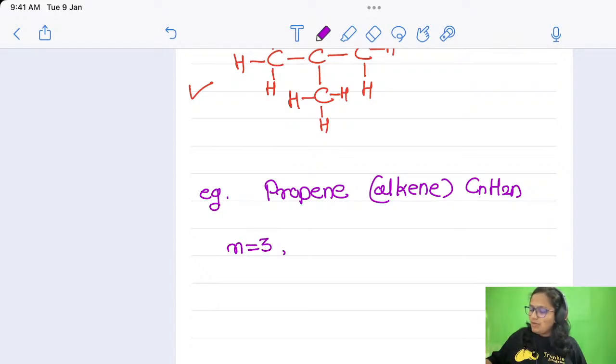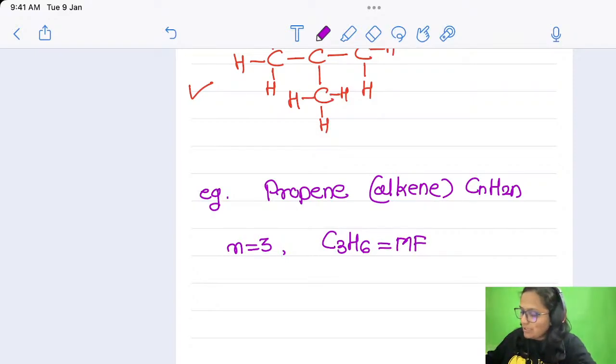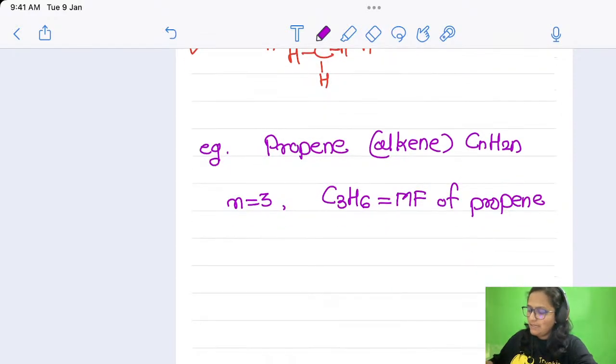Therefore, what will be the molecular formula? C3H2n means 3 into 2, 6. So this is nothing but the molecular formula, MF, of propene. Three carbon atoms are connected to each other in a row, right?